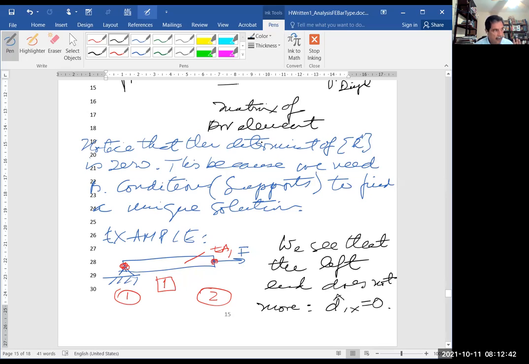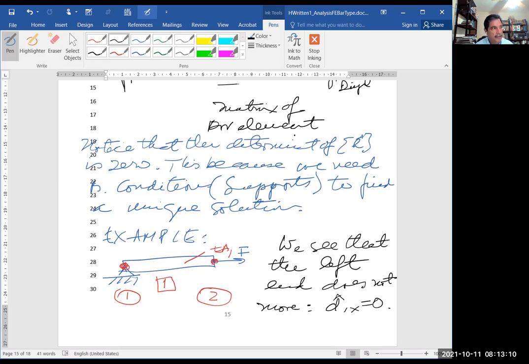Remember when we solve the solid mechanics problem, you need to specify at least enough geometric boundary conditions. In this case, it's a second order problem. That means that you need to specify at least one point where it doesn't move. That's a geometric boundary condition.